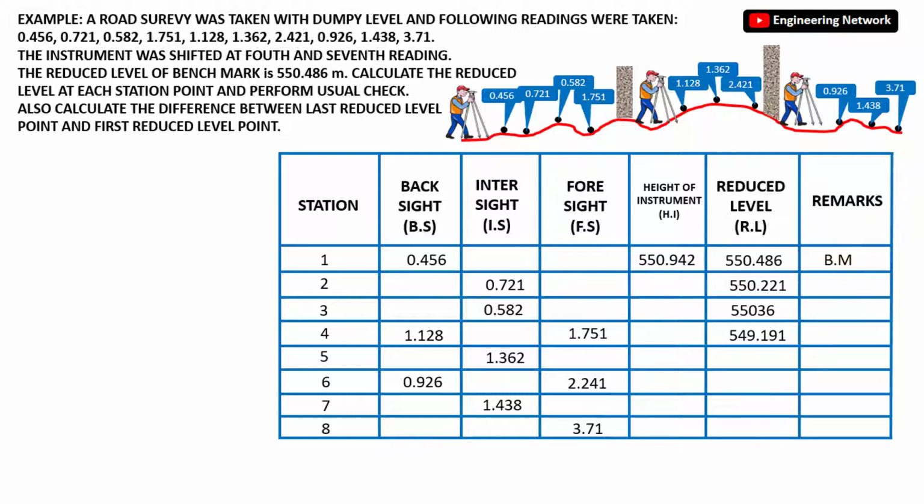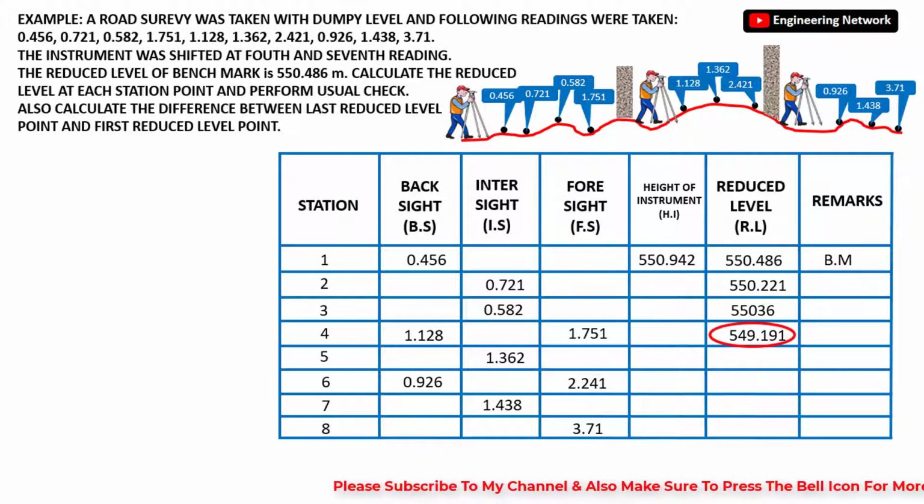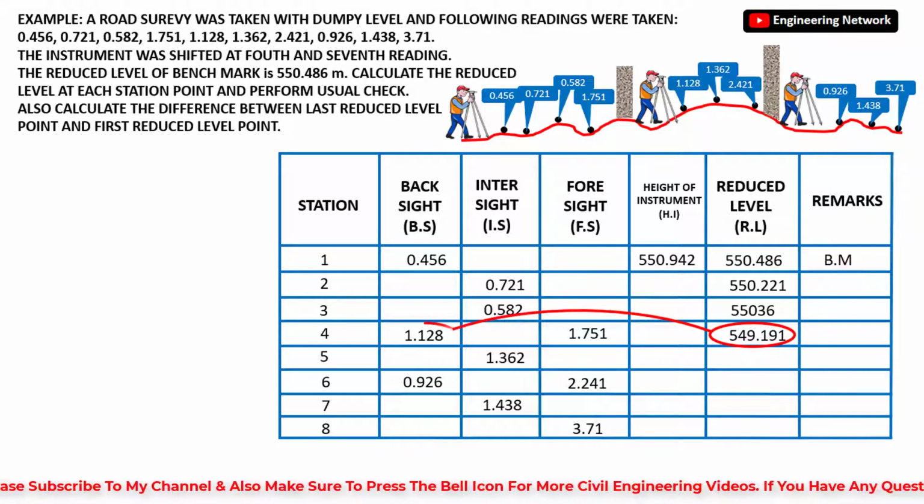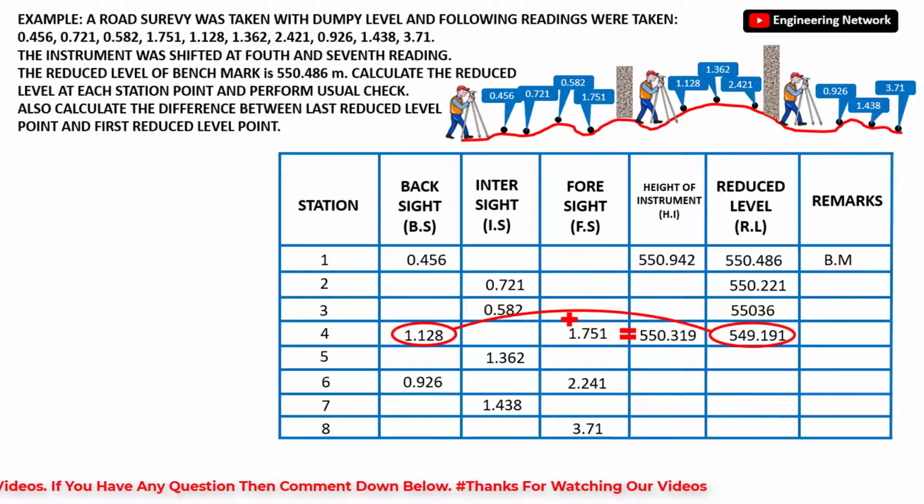Now in the question, it is stated that the instrument is shifted at the 4th reading, which means that at station 4 I will again calculate the height of instrument. So HI is equal to the reduced level at station 4, which is 549.191, plus the backsight at station 4, which is 1.128, and the height of instrument at station 4 will become 550.319.